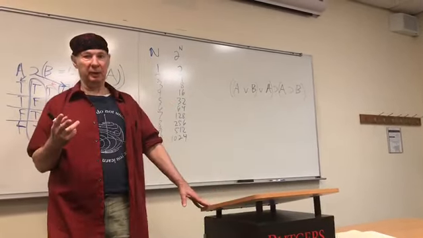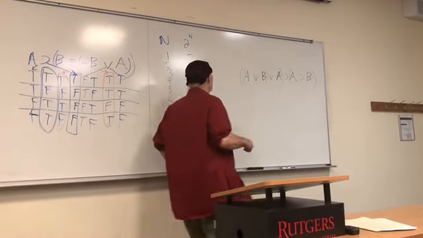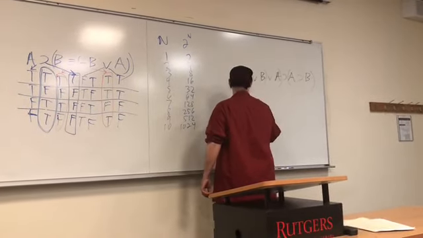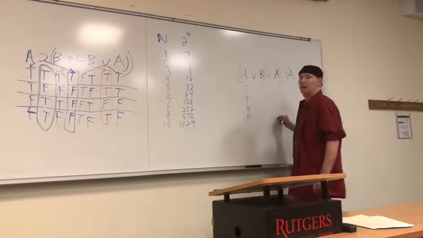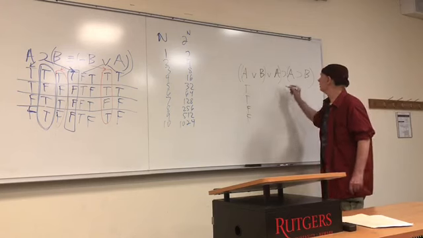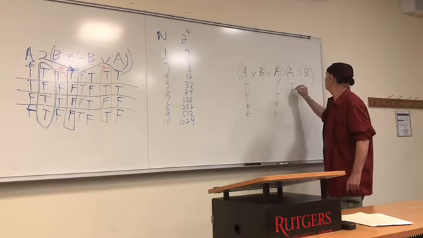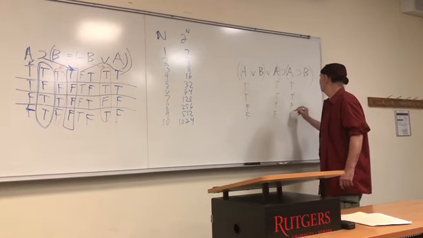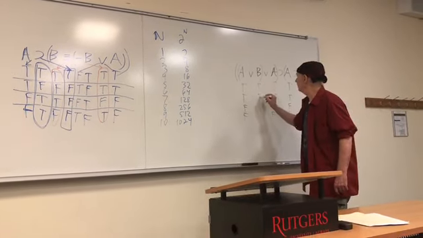The first thing we do, fill in the columns underneath A and B. So that would be T, T, F, F. And fill in all of the A's first. And then the B's, TF, TF.